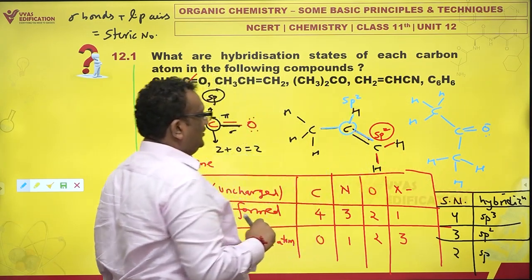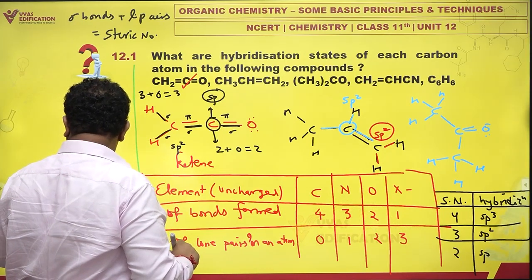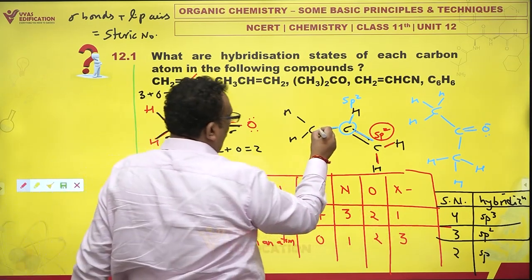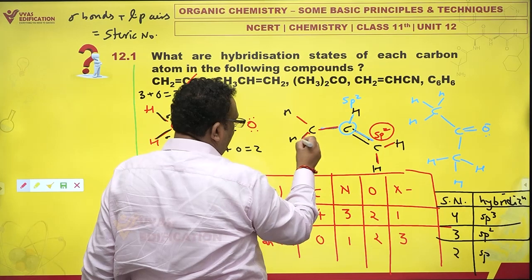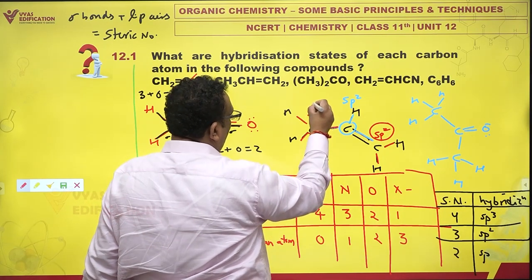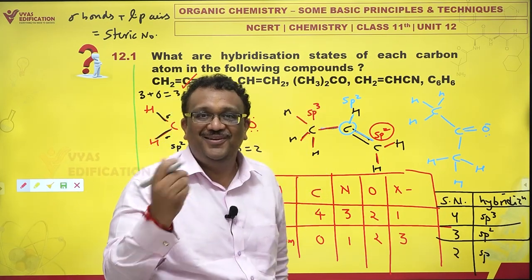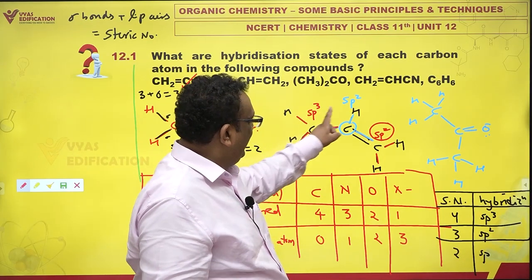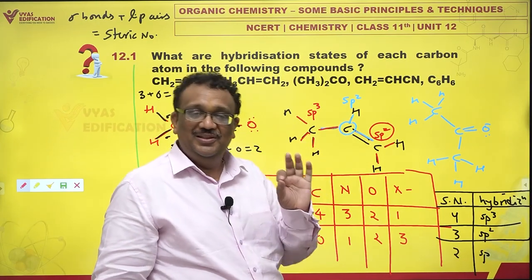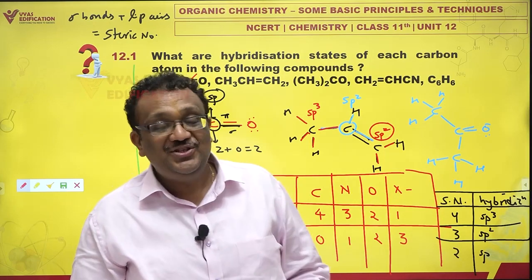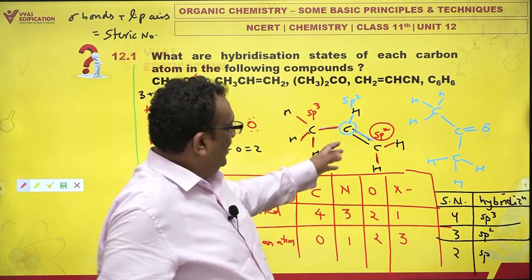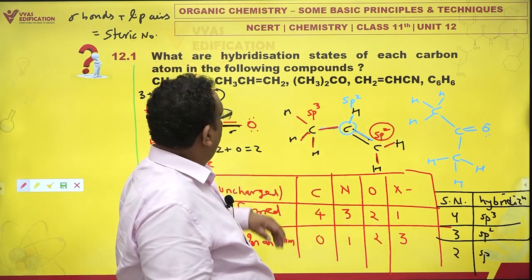What about the third one? 1, 2, 3 and 4. This is sp3. So sp3, sp2, sp2. These are the hybridizations of each carbon atom. Let's take a look at the next one, the third one.